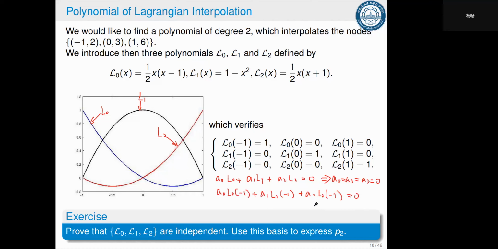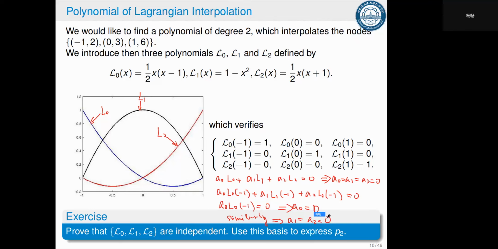Thanks to this property, this is 1 and the other two are 0, so you get nothing but A0 equal to 0, since this is equal to 1. And similarly, you get A1 equal to A2 equal to 0.